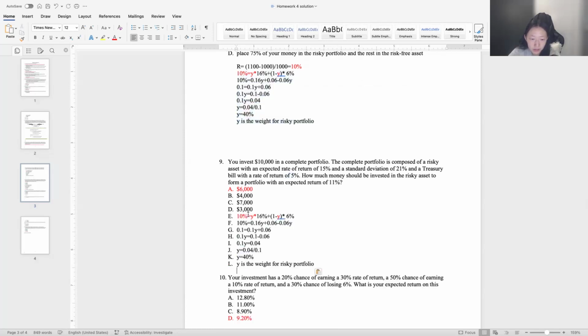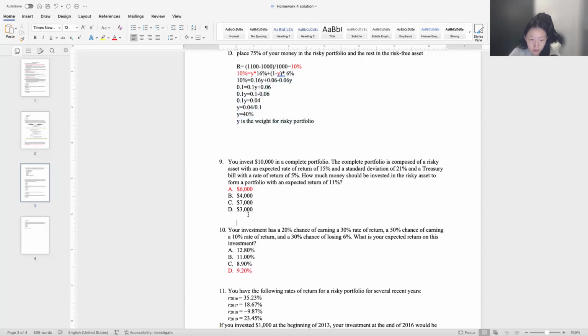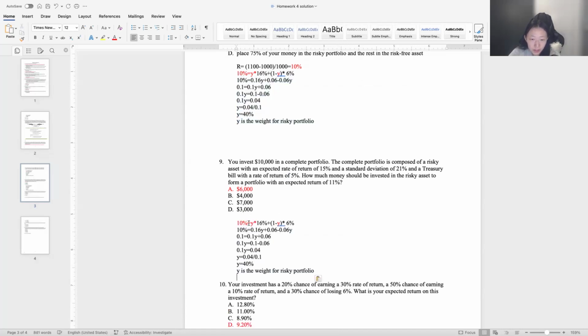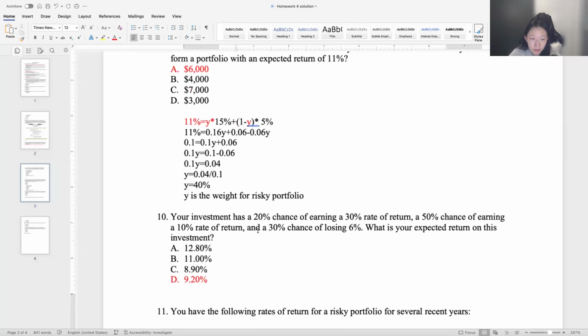Just changing some numbers here. Our expected return is 11%, so I change 10 to 11. And then the risk-free rate is now 5%. The risky portfolio's return is 15%. And I'm solving it following the same procedure.